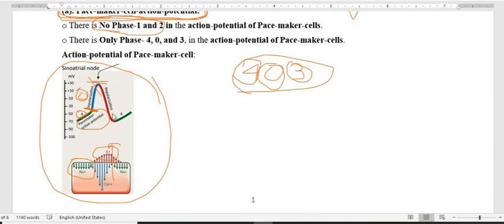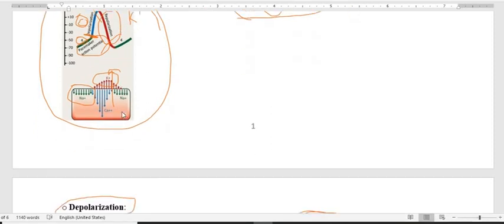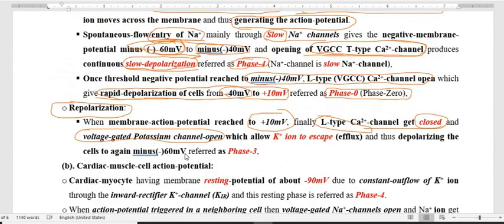Repolarization of the cell is because of the efflux, the escape of potassium ion from the cell, and therefore the potential goes from 10 millivolt down to minus 60 millivolt.